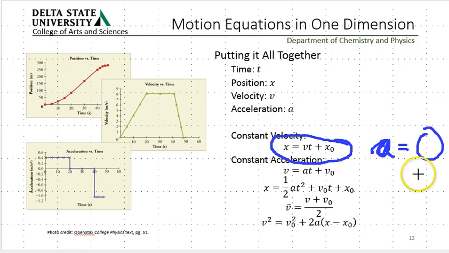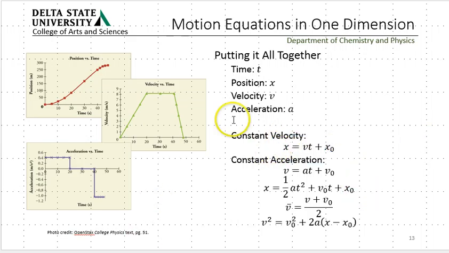Acceleration 0, constant velocity, x equals vt plus x naught. If additionally you have 0 velocity, well, it's a kind of uninteresting situation because then x is always the same position, x naught, right? So this describes your x position under constant velocity.